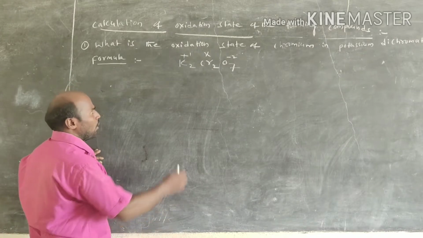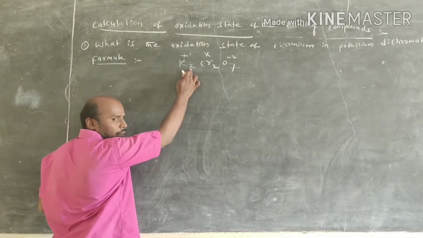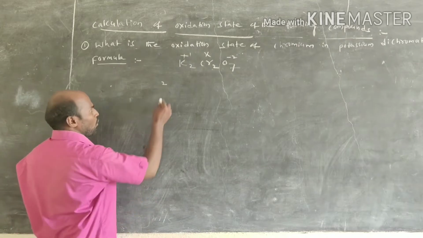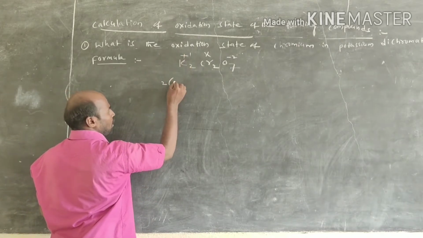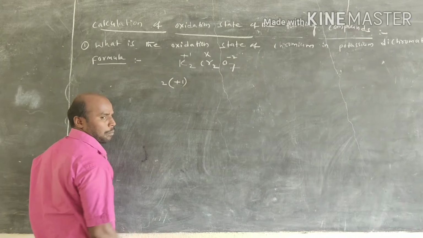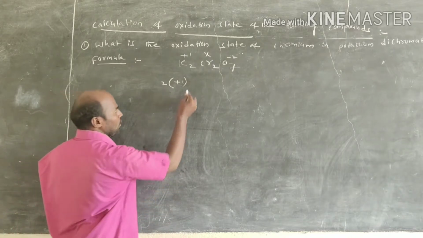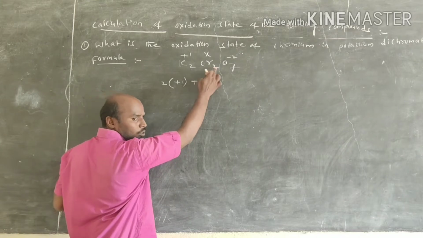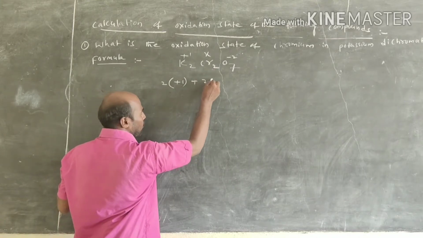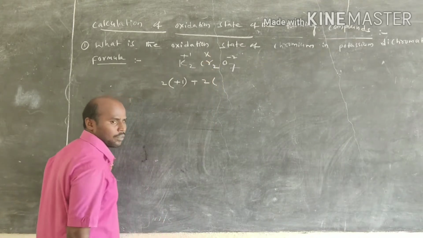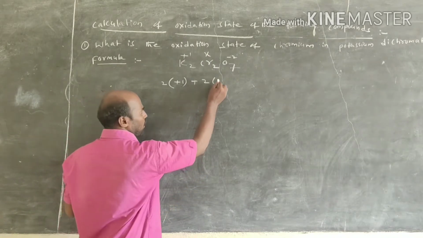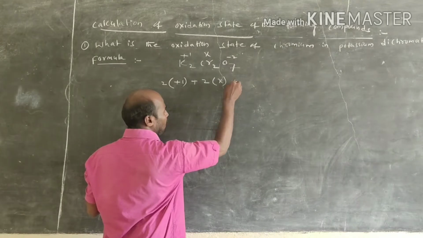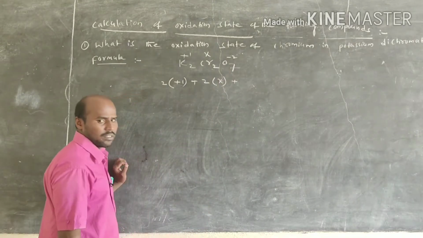So how many potassium atoms are there? 2 potassium atoms. What is the charge of potassium? +1. How many chromium atoms are there? 2 chromium atoms, with charge X. How many oxygen atoms are there? 7.